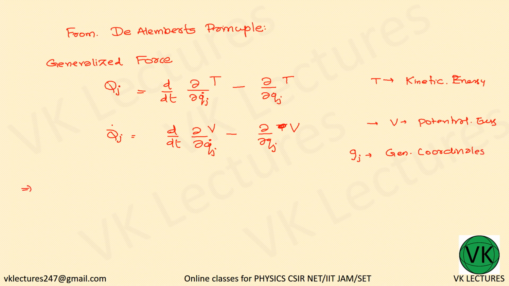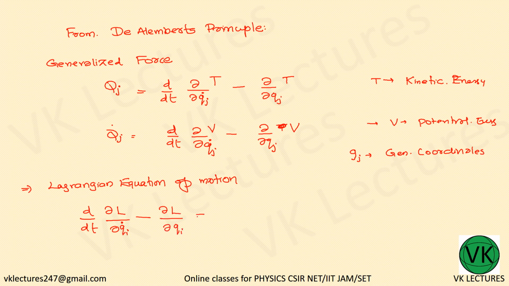Now from here we can write the Lagrangian equation of motion, which is nothing but the total time derivative of dou L by dou Qi dot minus dou L by dou Qi equal to 0, where L is equal to T minus V. If you consider this as equation 1 and equation 2, then 1 minus 2 gives the Lagrangian equation of motion.